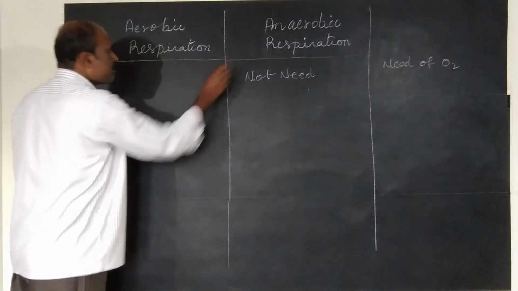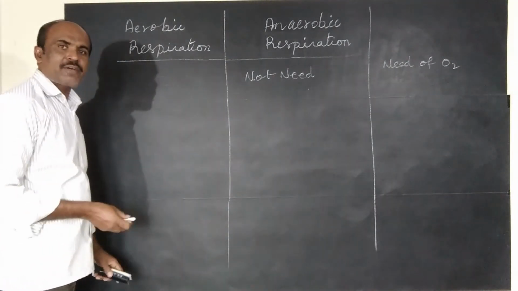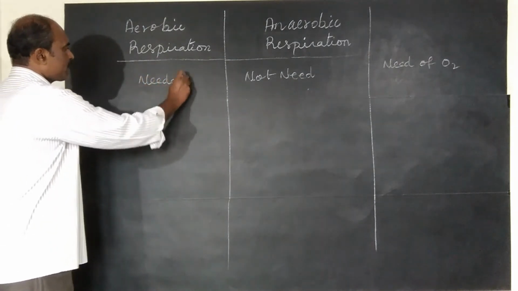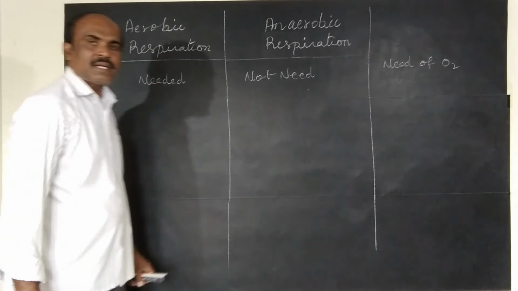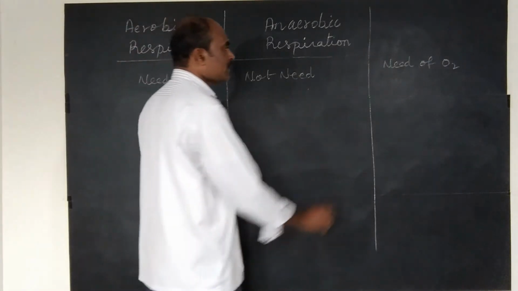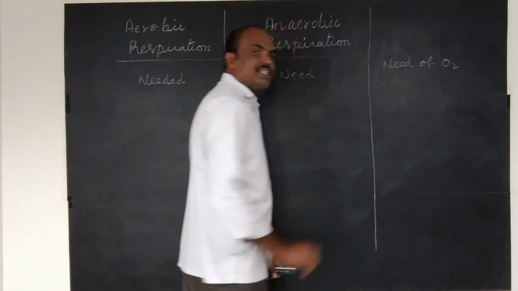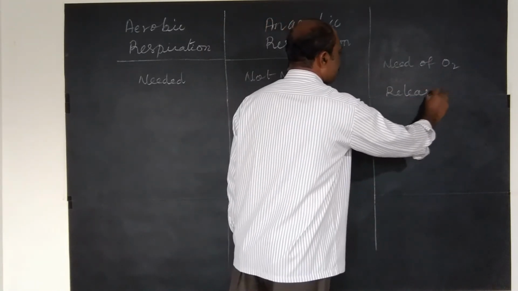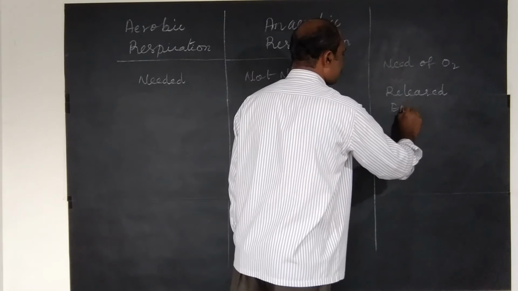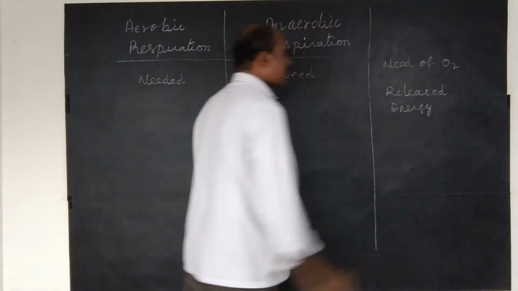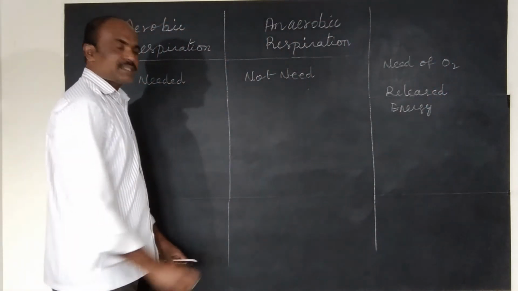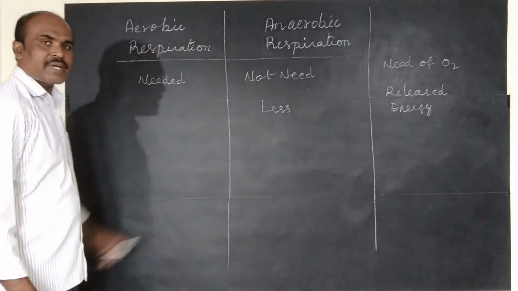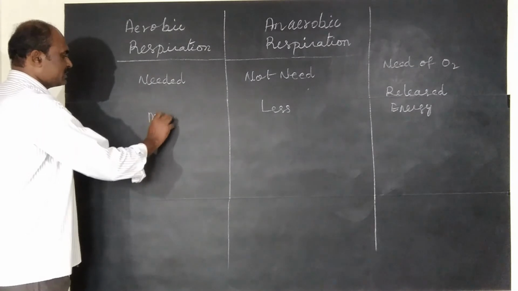But to happen aerobic respiration, oxygen is needed. Now, let us talk about amount of energy released. In anaerobic respiration, less energy is released, in aerobic respiration, more energy is released.